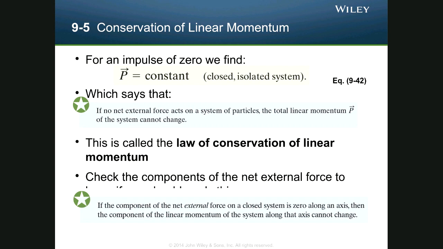So you'll notice that if we have a system that's closed and isolated and the impulse is 0, that means P is equal to a constant. And the result here is that if no external force acts on the system of particles, the total linear momentum of the system cannot change.